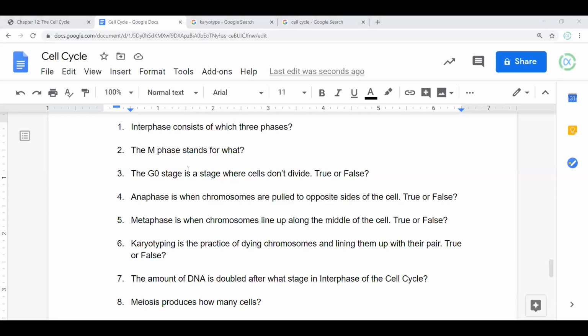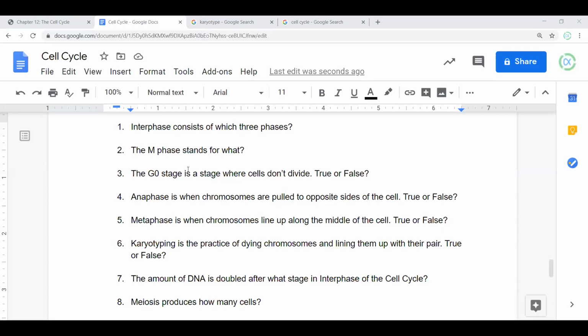Okay, so the answer here was the S phase. The S phase is, remember, synthesis, or DNA synthesis, when DNA is replicated. You can also call it DNA being doubled. And yeah, it's after the S phase is complete.